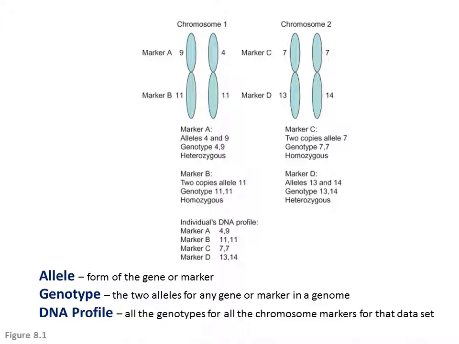So now when we look at the genotype, we would say the genotype is 4 and 9 with regards to marker A. If you look at marker B, what they received from mom was 11 copies of that particular repeat, and from dad also 11 copies of that particular repeat. So we say that they're homozygous with regards to marker B.